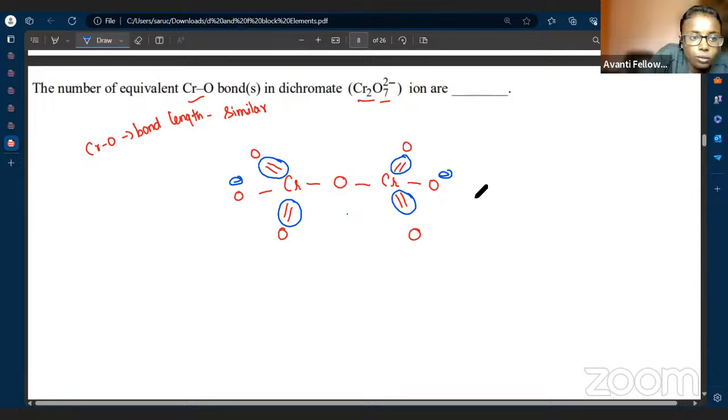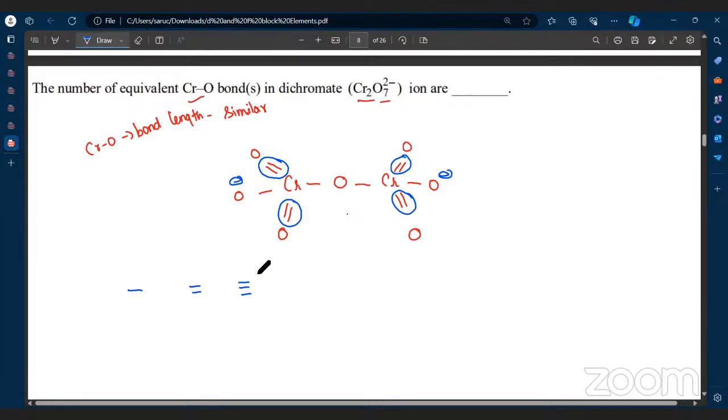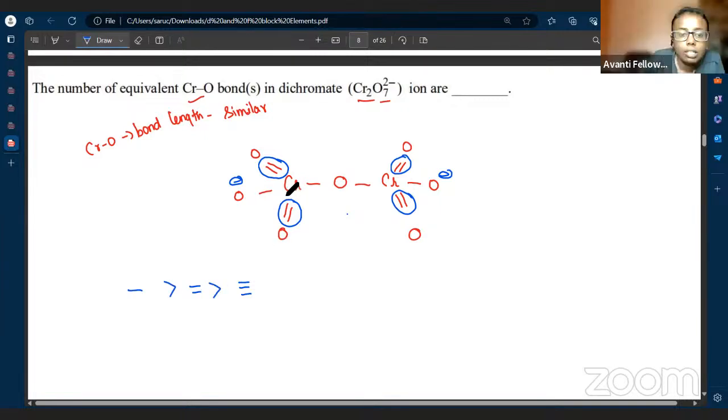We know that the bond length of a single bond and a double bond is different. So which bond will be longer when you compare single bond, double bond, and triple bond? Single bond will be longer. So can I say that there will be 2 different bond lengths? One is for the single bond, the other one is for the double bond.